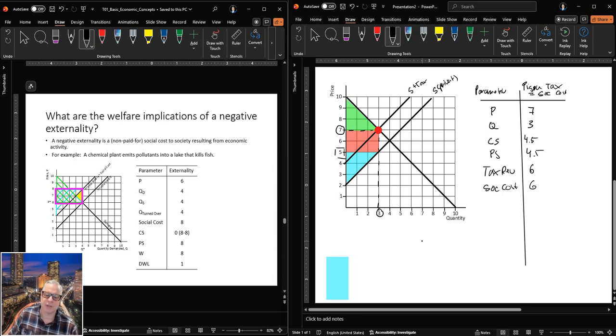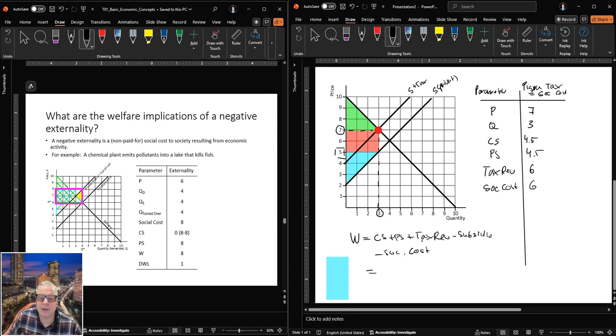So now if we use again our formula that welfare is equal to consumer surplus plus producer surplus plus tax revenue minus subsidy minus social cost.